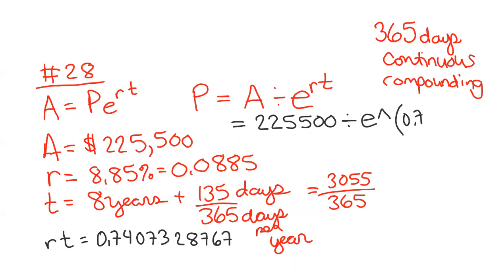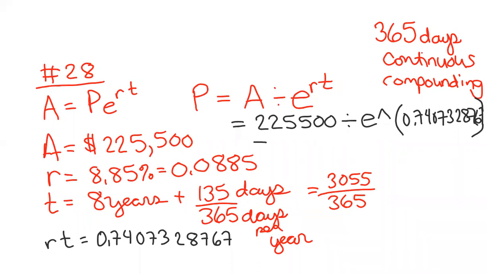So 0.740732867, I'm going to stick that whole thing in there. 225,500 divided by e raised to the 0.740732867, and that gets me to the correct answer.